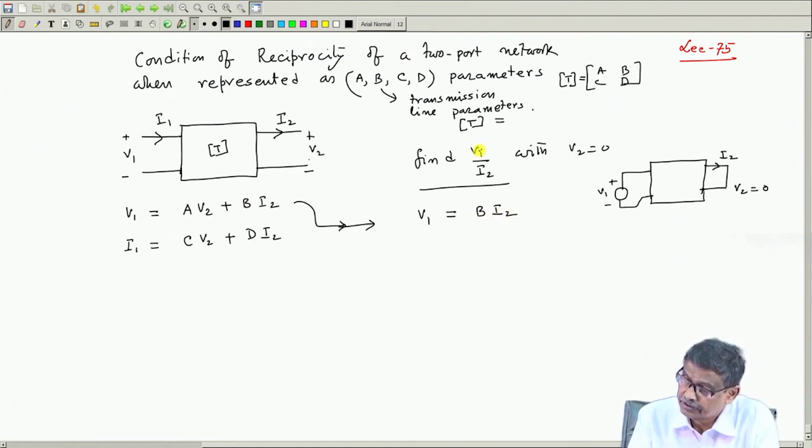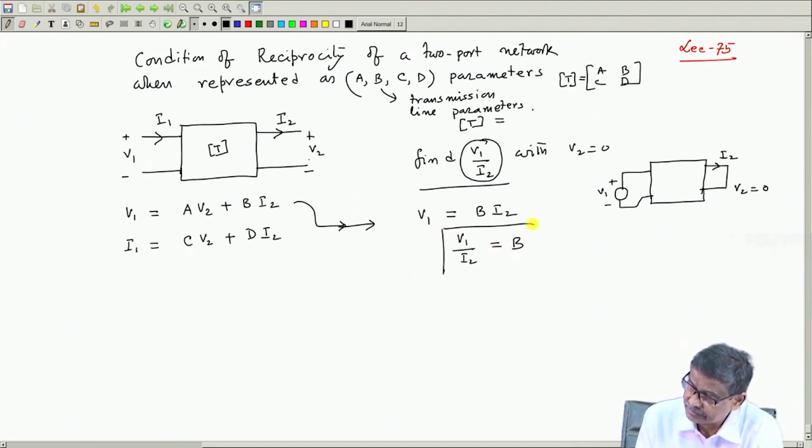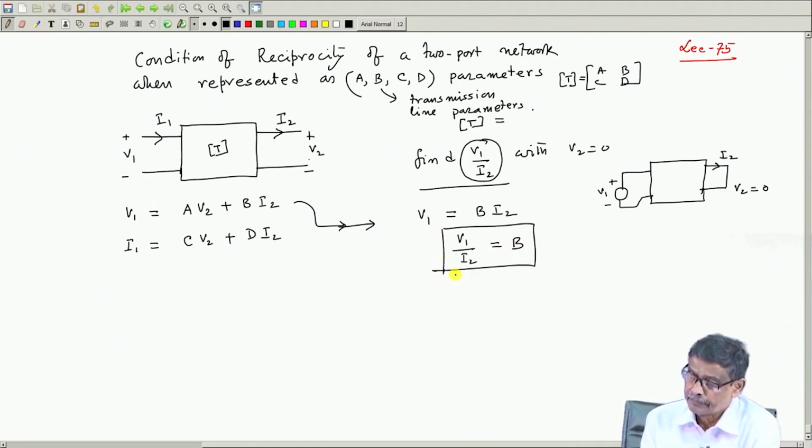That is very nice, because I want to find V1 by I2, the transfer impedance, and I have got it. V1 by I2 is equal to B. Keep this, it is an important result.